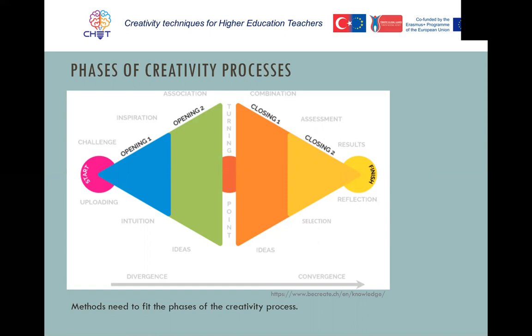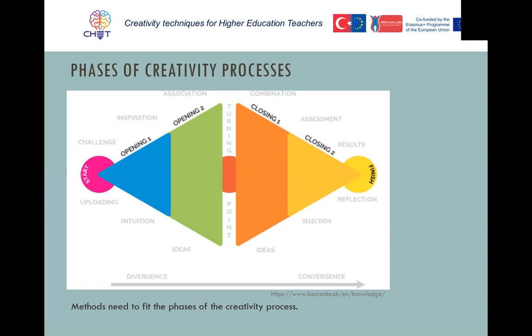But you also see that the divergent and the convergent phase have 2 sub-phases. In the divergent phase, you first have an inspiration phase, here also called opening 1, and an association phase, here also called opening 2. In the convergent phase, you have a combination phase, called here closing 1, where you combine ideas.